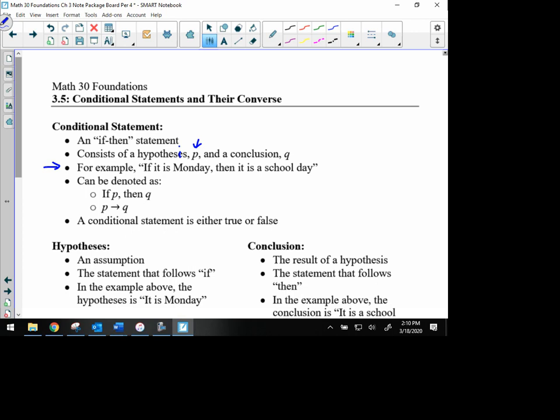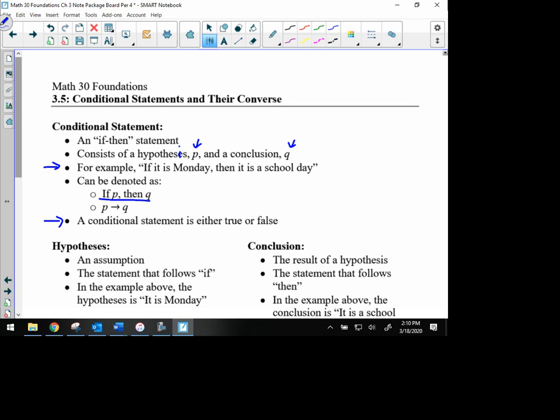So P and Q. And so one way you could see it is if P, then Q. So if this certain hypothesis is true, then there's a conclusion that follows. And so we could say that a conditional statement, like it says in this last point here, is either true or false. So we have a true statement or a false statement, and some will be false.